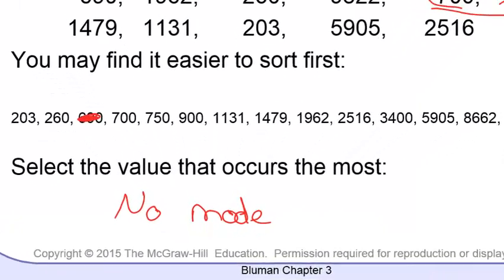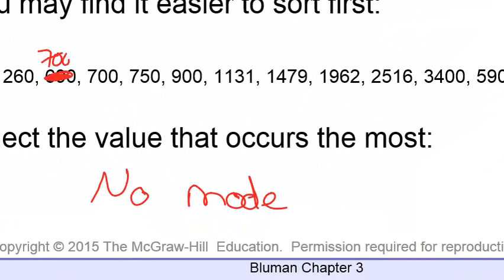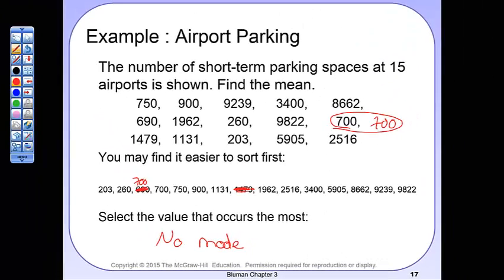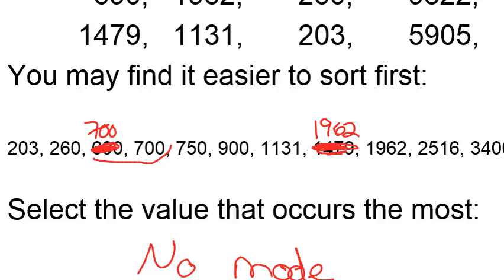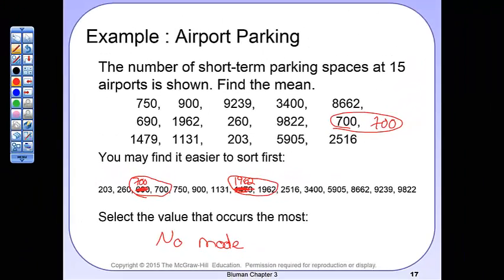So 690 is gone, and I put 700. But I also replace this 1479 and put a 1962. Now, in this new set that I have, I would actually have 700 and the 1962 as a mode. So there would be two modes in this case.